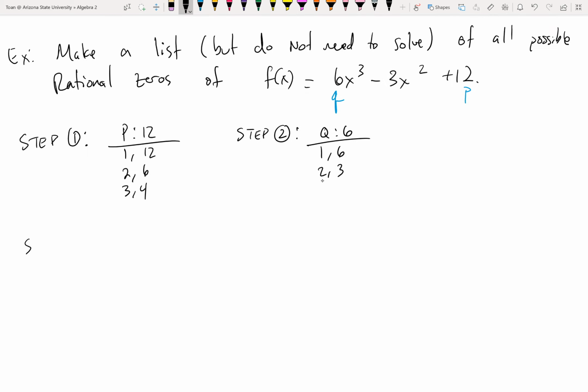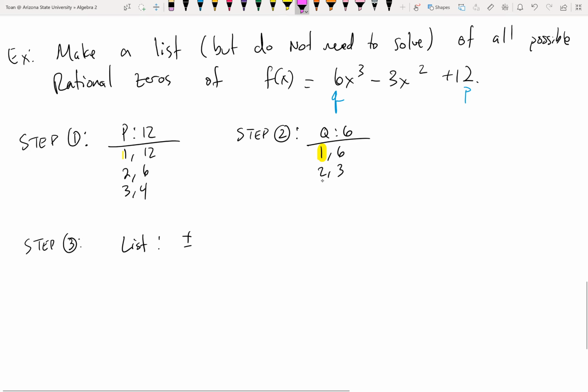So now here's the important step, step 3. You're making the list. I like to do this systematically. I always include the plus or minus. I like to take every single P number and divide it, one at a time, by all of the Q numbers. So let's start with Q equals 1 here, right? Every single P number will be divided by Q equals 1.